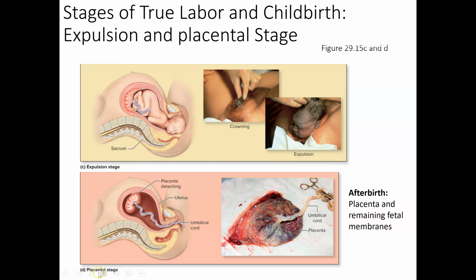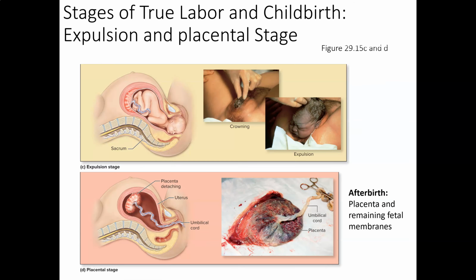The last stage is the placental stage. During this stage, the uterus continues to contract, and that contraction causes the placenta to detach from the uterus. Furthermore, the placenta is going to be expelled from the uterus. That's why we call it afterbirth. Not only the placenta, but also all the remaining fetal membranes, remember, we also have the embryonic sac.